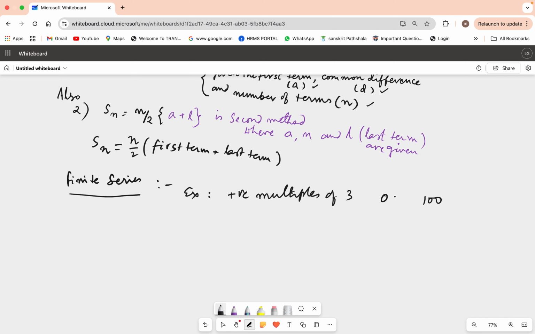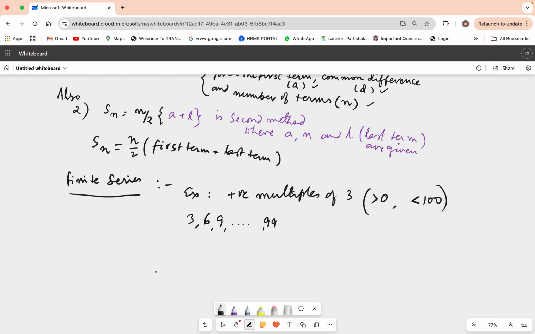So greater than 0 and less than 100, if this condition is given, definitely I am going to have my first term as 3, next term as 6 and then 9 and so on, up to the last number that can be divisible by 3 below 100, which is 99. So up to 99 is the total series.